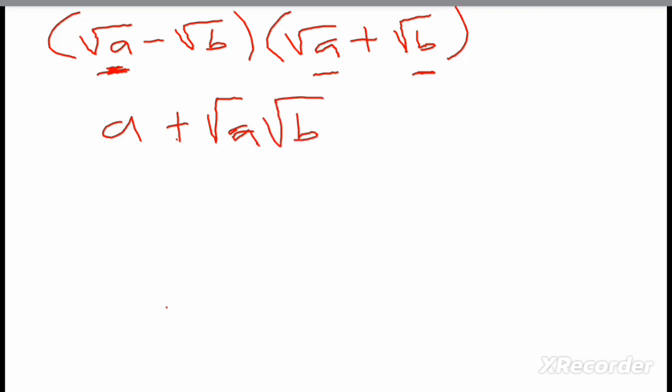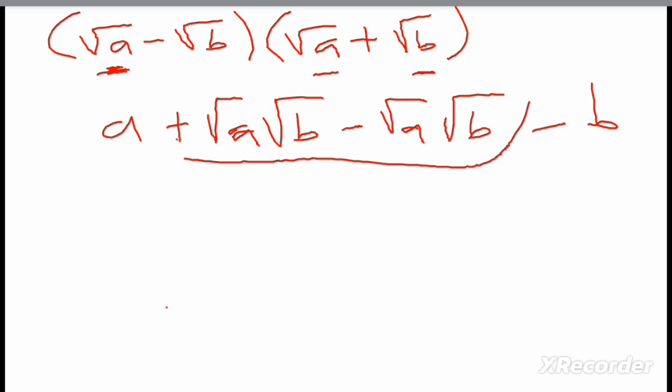Okay? So negative root b times root a, you have got negative root a root b. Whether you say negative root b, negative root a, it is one and the same thing. This is multiplication. So negative root b, you multiply with root b, you have negative b.